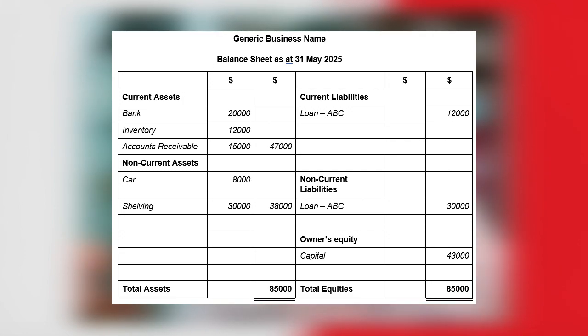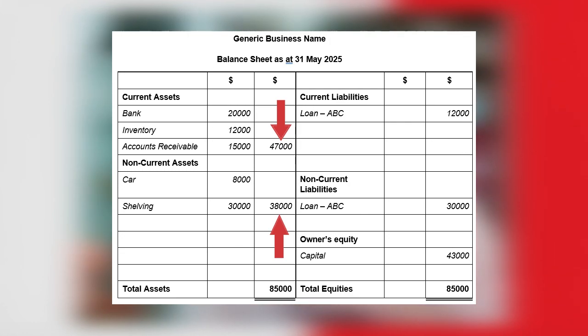So if I was to pick up that report, I know they have 47,000 in current assets, or assets they can use within a year. I know long-term assets, they've only got 38,000. You can make more judgments, more decisions with that information.